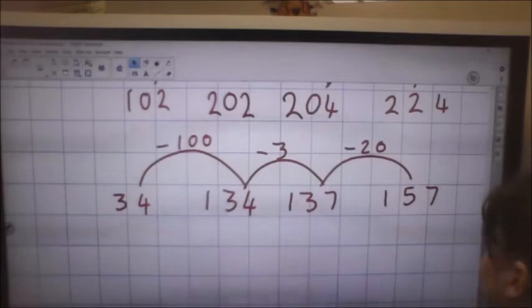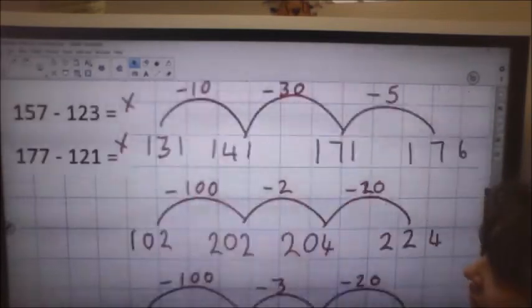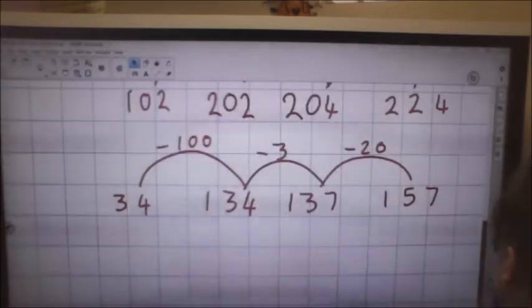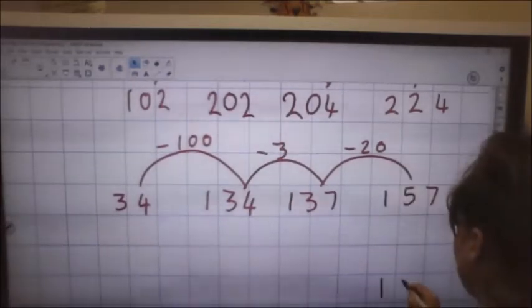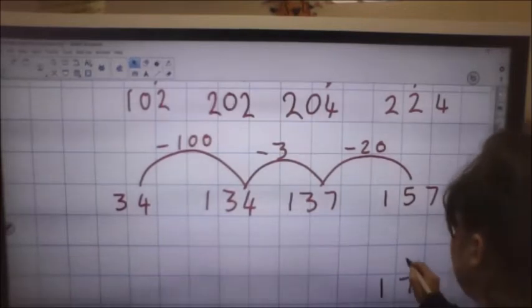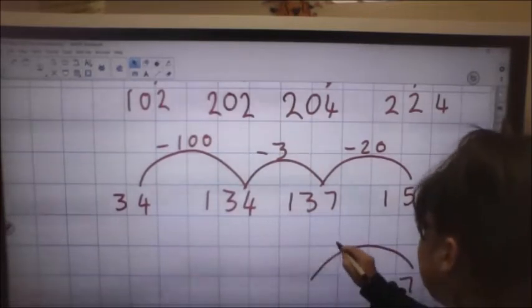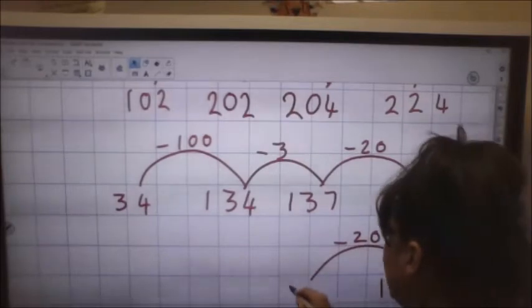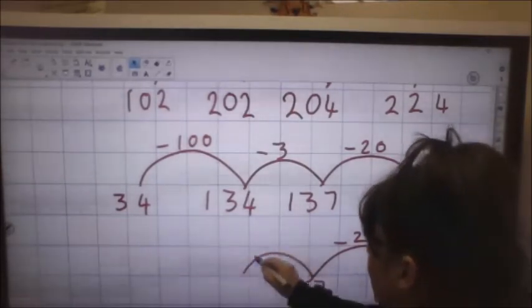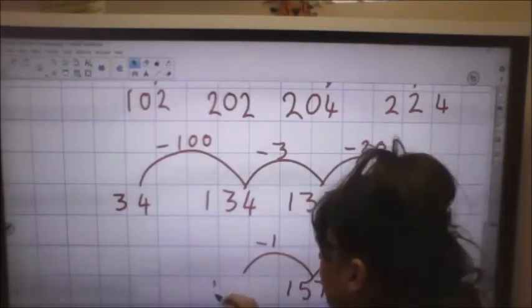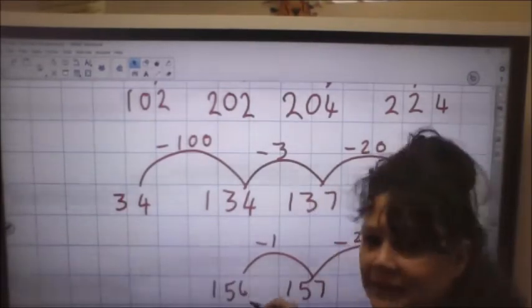Okay, our last one that we need to do then. Let's have a little look. It is 177 take away 121. This was your last one you had to do. So 177 take away 20. I get 157. I'm going to take away the 1 and I get 156.